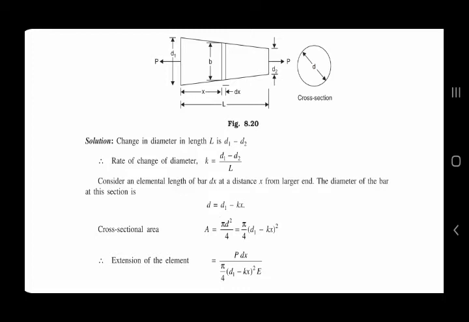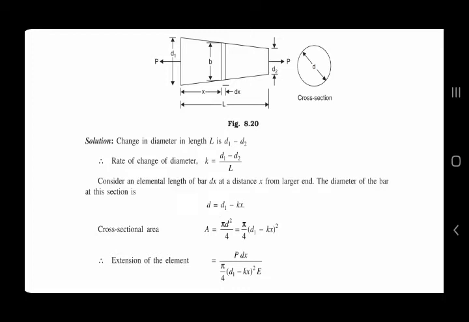Now the extension of the element is given by P dx divided by pi by 4 (D1 minus Kx) square into E. This is nothing but the form PL upon AE, from the equation delta equal to PL upon AE, which we have seen in the previous case.